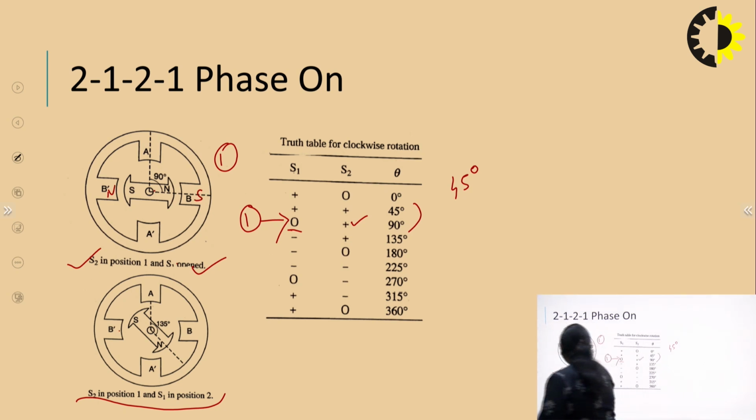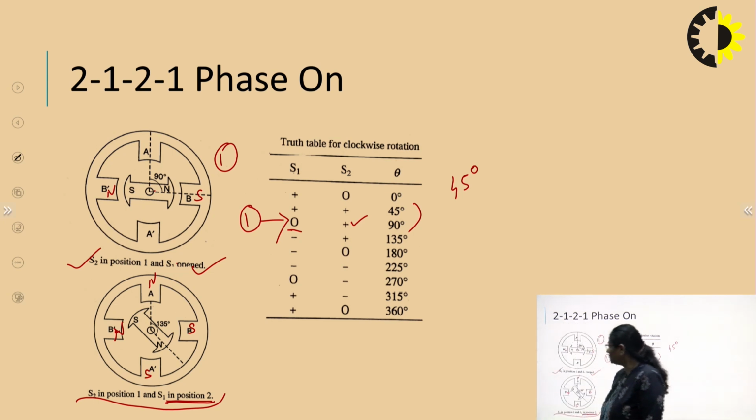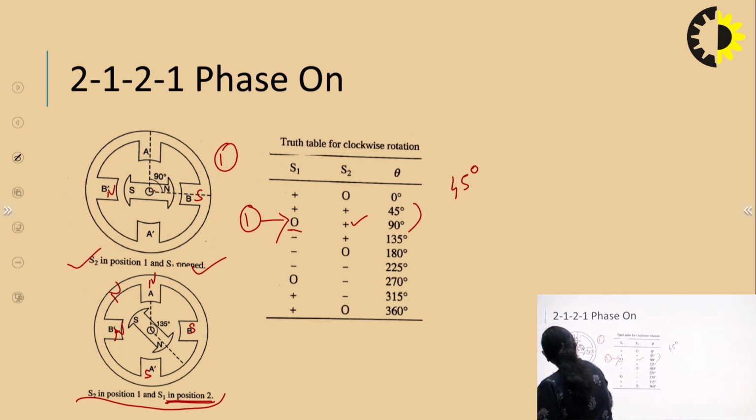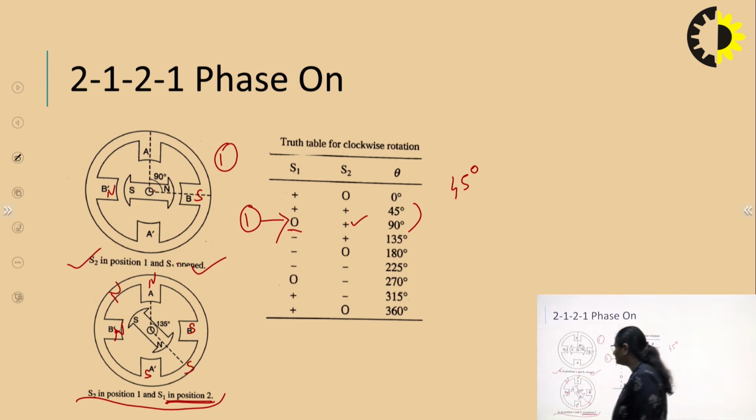So the dash terminal is having the formation of the N pole over here, and current in phase A is negative. So for the negative, N would be here and S would be here, right? It is perfectly okay. So the resultant magnetic field, N would be here and S would be here, right?